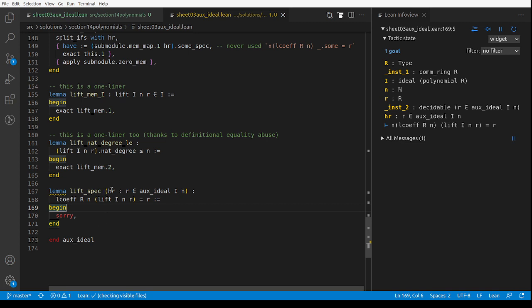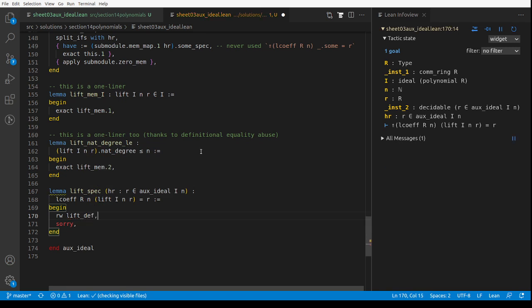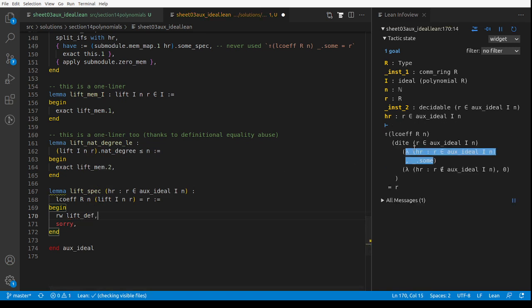So great. So we're in this hypothesis where we know that R is in the ideal because it's not true otherwise. You see, otherwise the lift is just 0. And so we've got the lift. I guess we want to rewrite lift def there, and then we can use. Now we've got this dite, this dependent if-then-else. But we know the if-then-else.